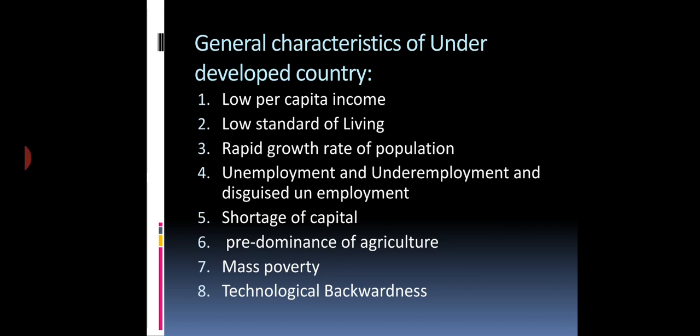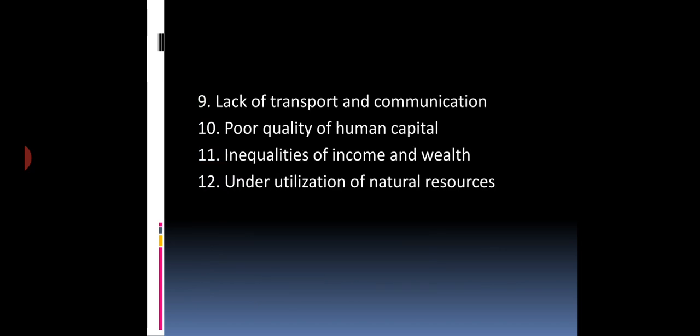Number 4, unemployment, underemployment and disguised unemployment. Number 5, shortage of capital. Number 6, predominance of agriculture. Number 7, mass poverty. Number 8, technological backwardness. Number 9, lack of transport and communication. Number 10, poor quality of human capital. Number 11, inequalities of income and wealth. Number 12, underutilization of natural resources.